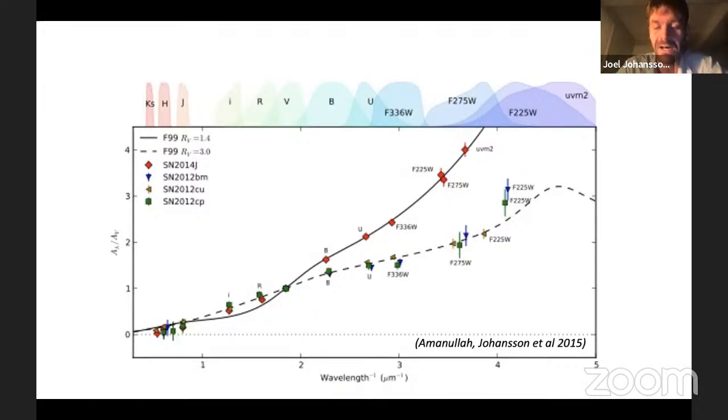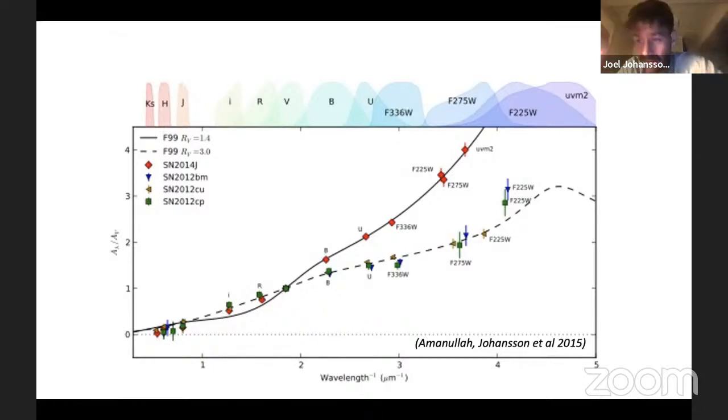And then people, out of old habit, plug in RV equals 3.1, which is true for most sightlines that we have studied in our solar neighborhood in the Milky Way. This RV parameter is, by the way, the ratio of the extinction in the V band and the B band. So it's basically telling you about the slope here, if you see my cursor.